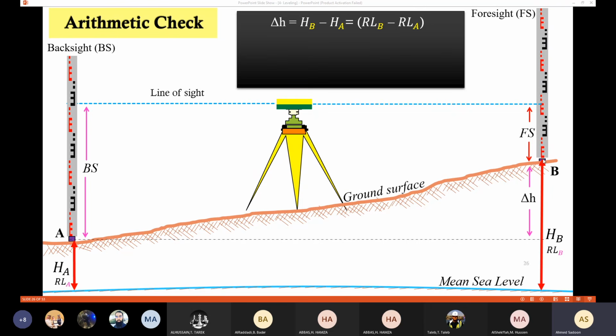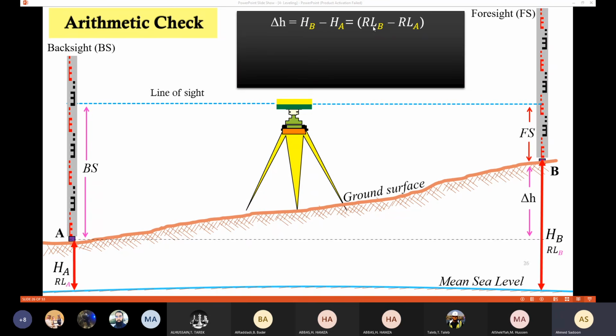The delta H is the difference between the height of point A and the height of point B, or the elevation of point A and the elevation of point B. So delta H, this distance here, is the height or elevation of point B minus the height or elevation of point A. So delta H equals HB minus HA, or the reduced level.